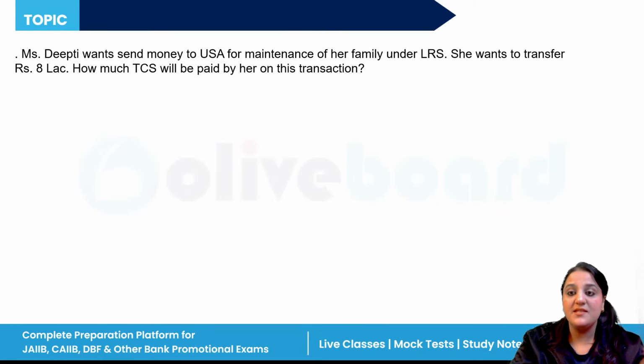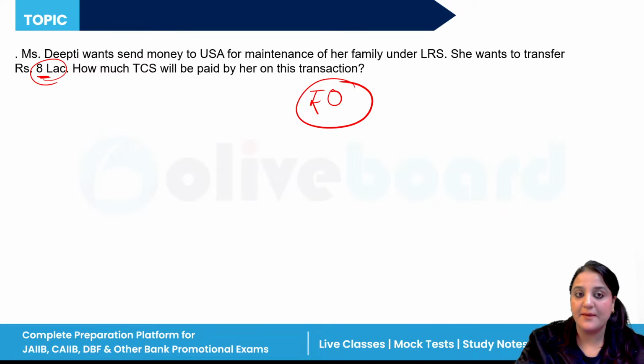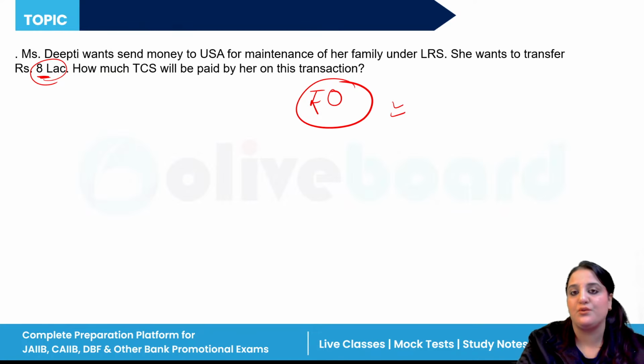We can say 0 here, right? Because the amount is below 10 lakh. So the answer is only 0. If this type of question is there in the examination, in this we have to write nil and in this we have to write 0, right?